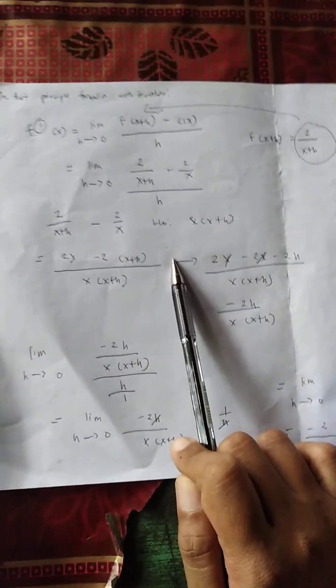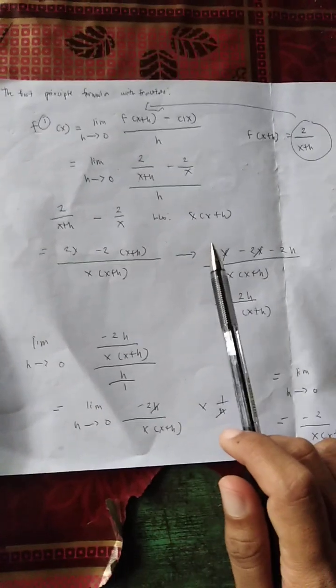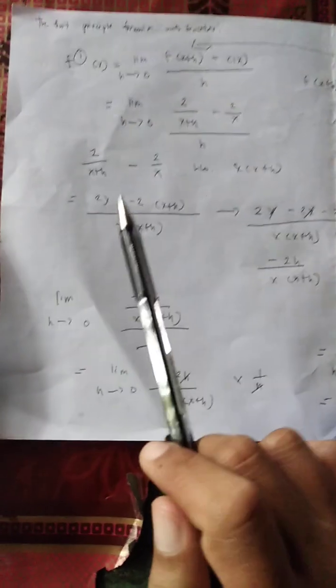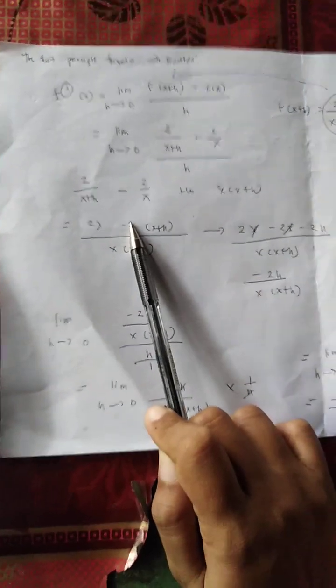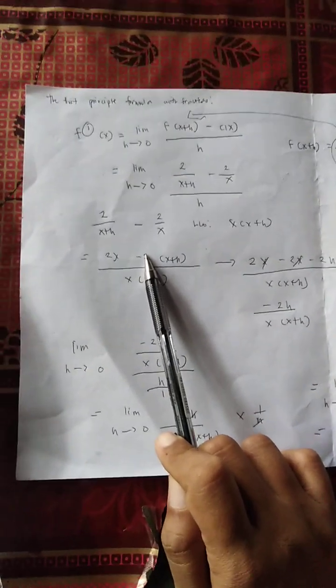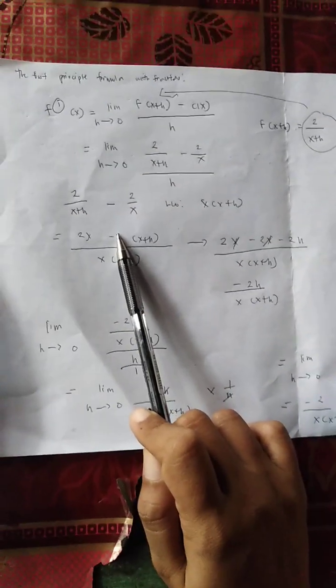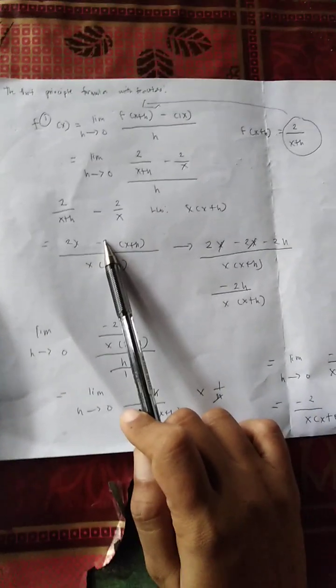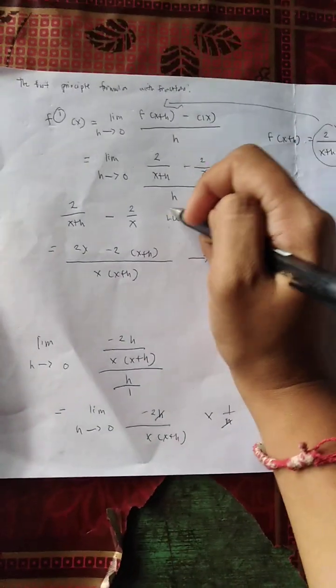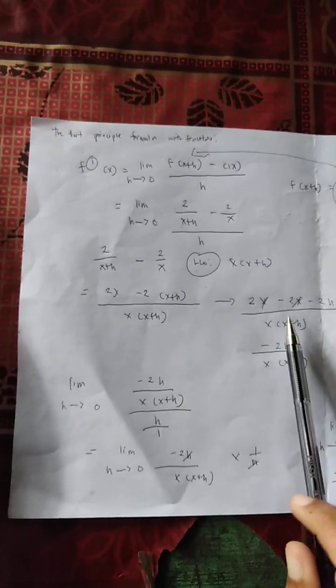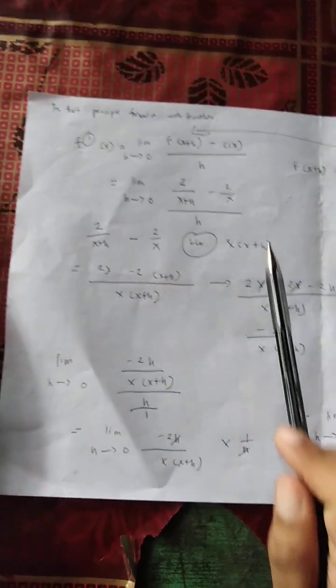There we have two fractions, and when you are subtracting or adding fractions, you need a common denominator, or a lowest common denominator. Your lowest common denominator is just going to be x and then x plus h.